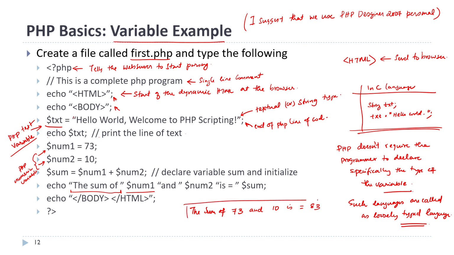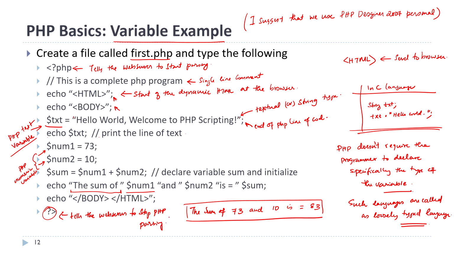So, this whole thing PHP will create for you from this, and then you say echo /body /HTML, that means it is closing the HTML, and then it says this is the end of the script, which tells the web server to stop PHP parsing.